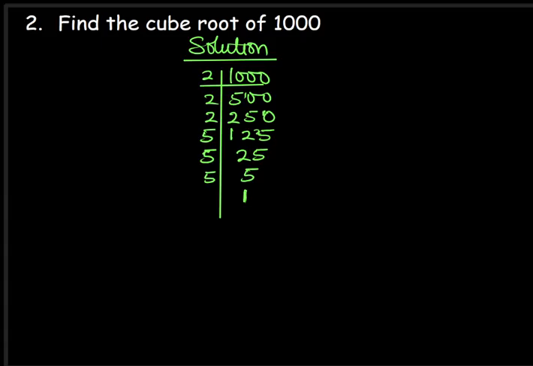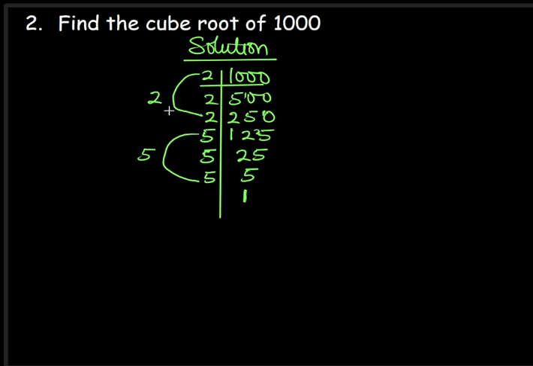Now in cube root, what are we to do? In cube root, we don't pick them in pairs, we pick them in threes. So if it is a perfect cube, each of them will definitely come in threes. So we'll combine these three and then pick just one of these.